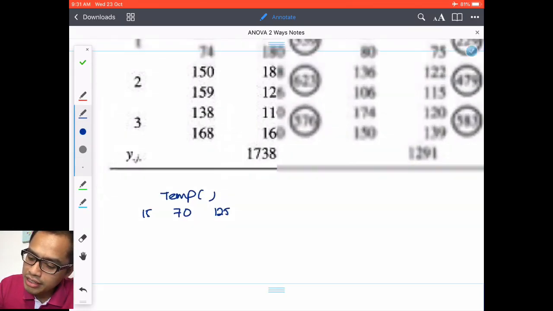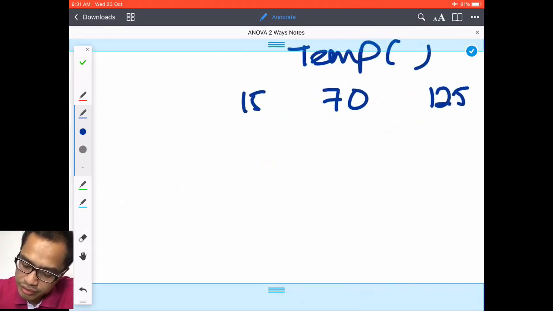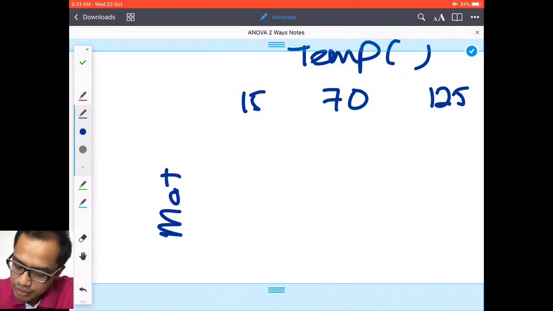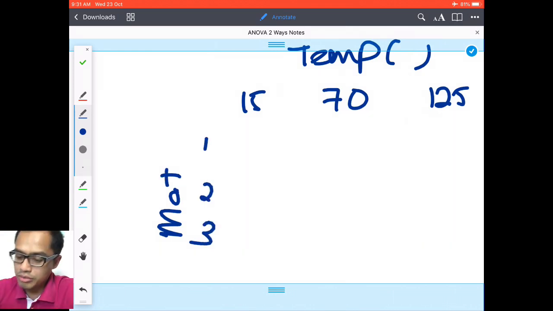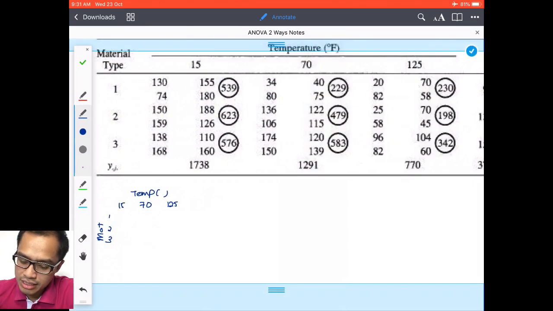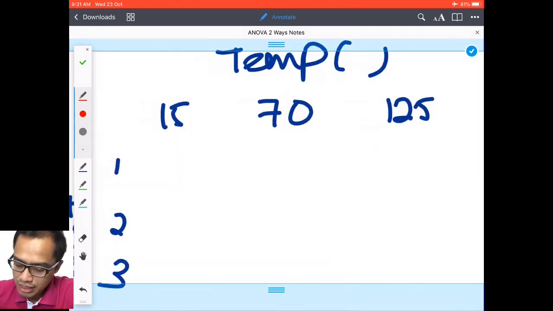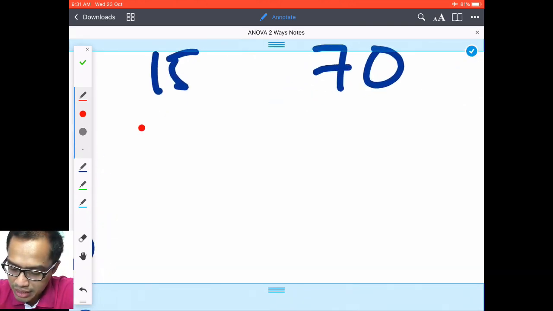And here is your material type 1, type 2, type 3. So take a look. The first combination is 539. Therefore, here the first combination is, let me reduce.